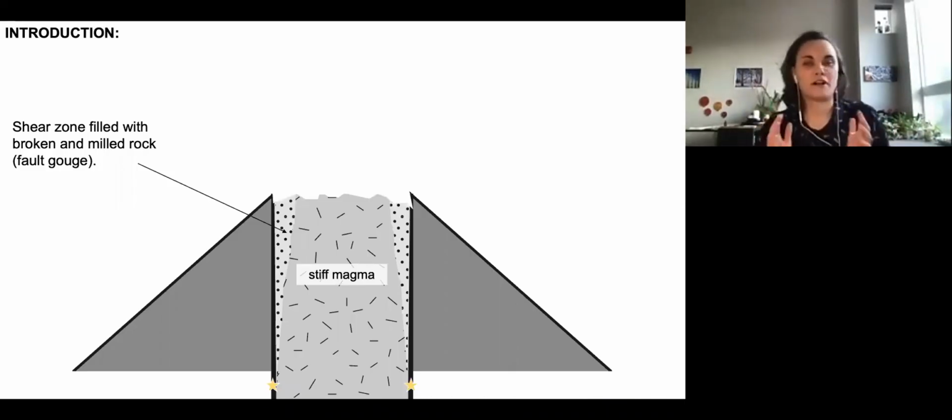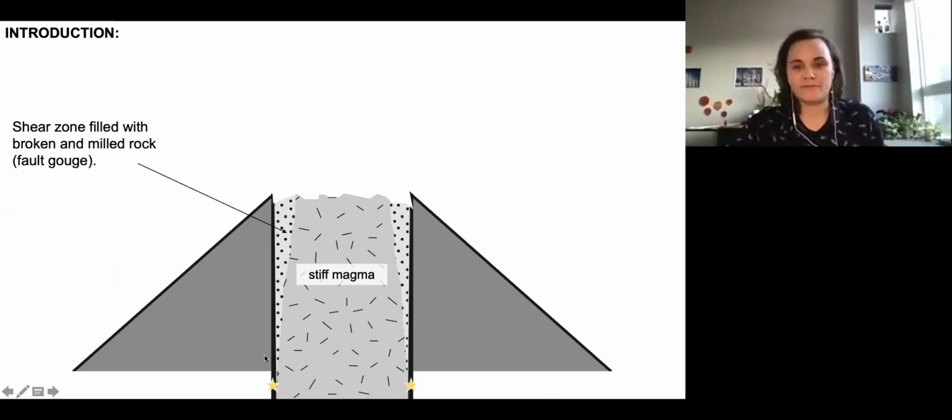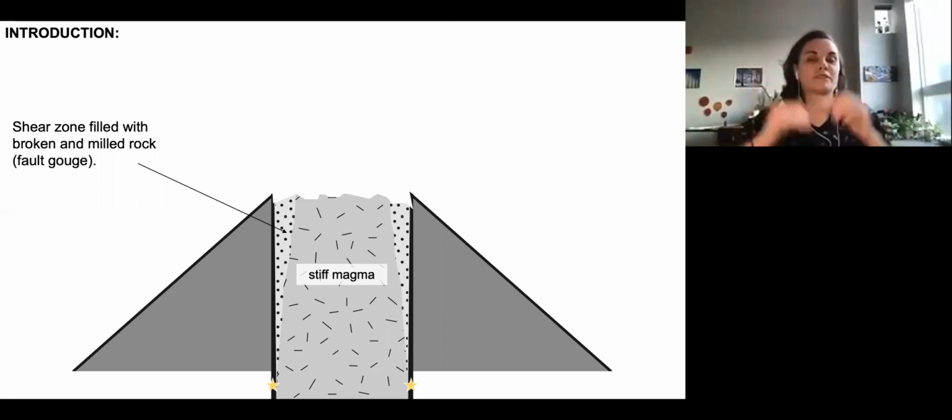There's a stiff column of magma that's working its way towards the surface. And because it's stiff, high shear stresses develop at the contact between that magma body and the surrounding rock. And those high shear stresses cause the rising magma to actually fracture, creating a zone of brittle deformation and a bunch of blocks of magma that are subsequently milled as that magma body is moving upwards.